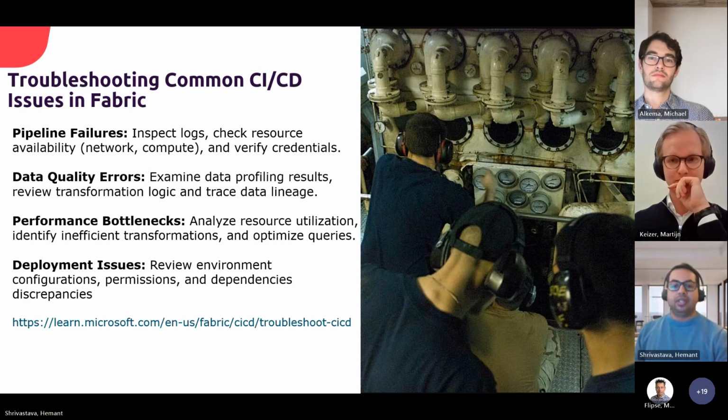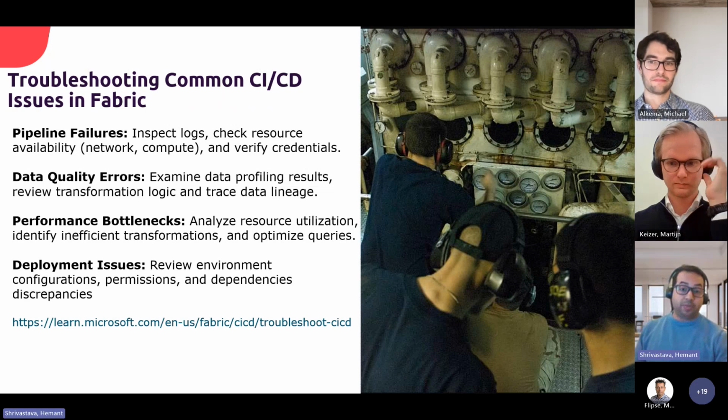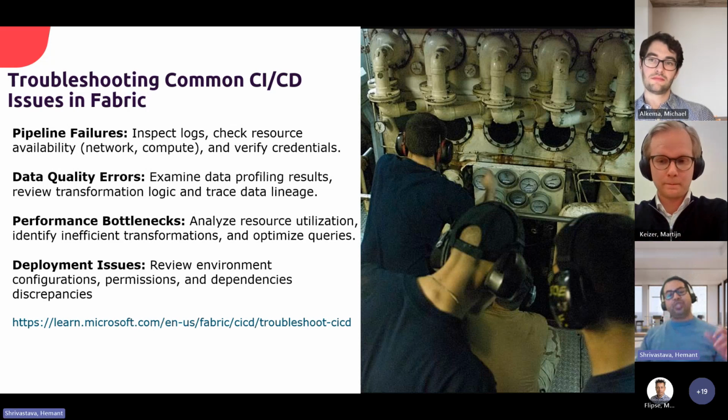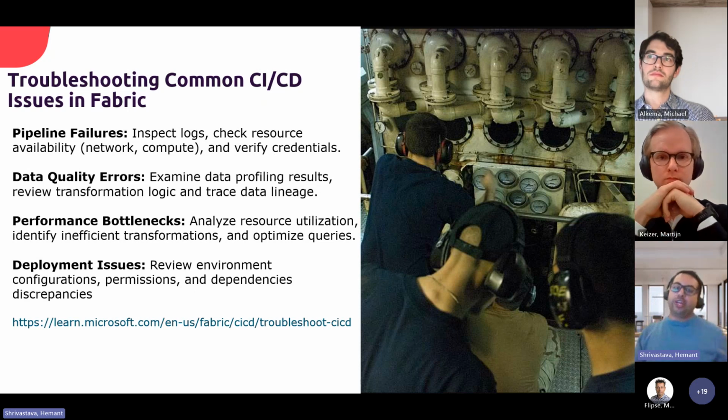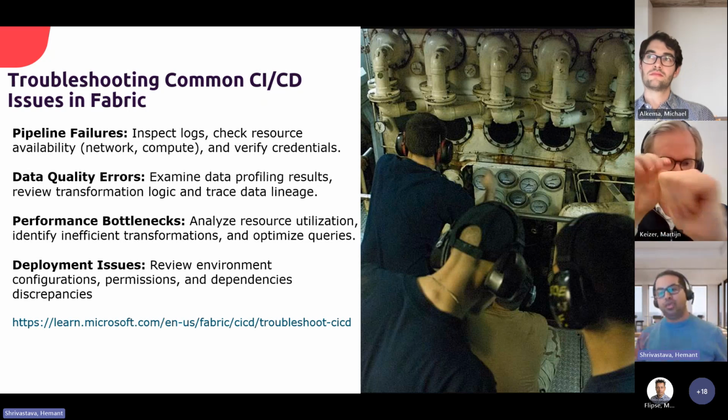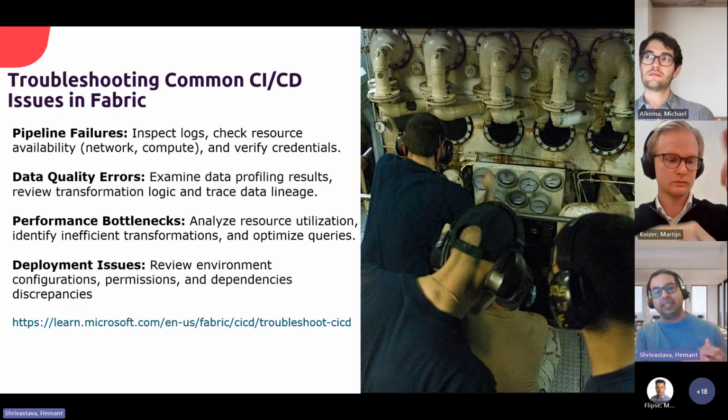Deployment issues. Yes, there can be some deployment issues as well, like there can be a mismatch within the environments. You need to check the configuration parameters. As we talked about, if you want to use the component, you should use more parameterized things.